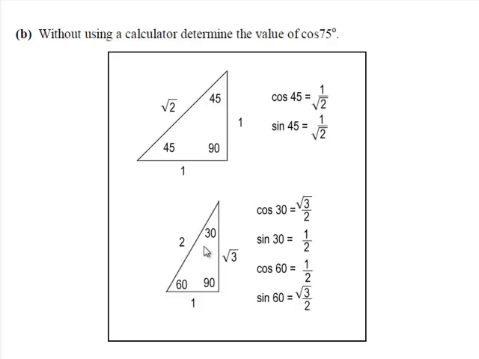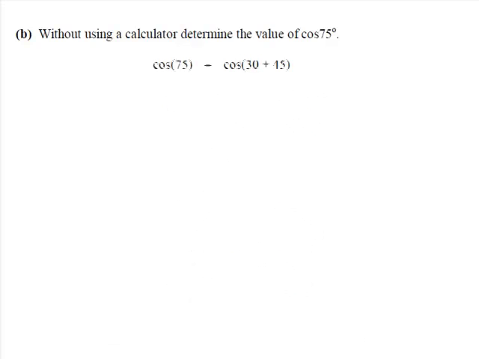The sine of 30 is 1 over 2, or a half. Cos of 60 is 1 over 2. And the sine of 60 is root 3 over 2.